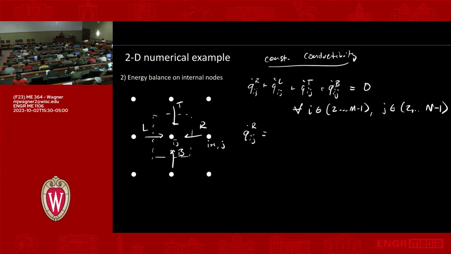So from the right, Q dot R is going to be the conductivity K. Again, let's just assume that we have a constant conductivity right now. And then we need to look at the resistance, which is the distance to conduct over the cross-sectional area times K, so K times A_c.